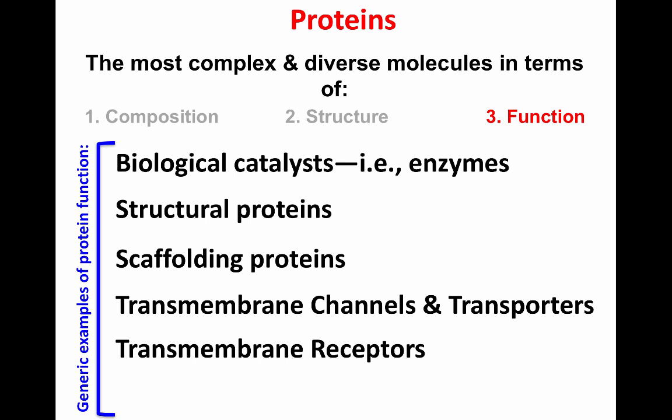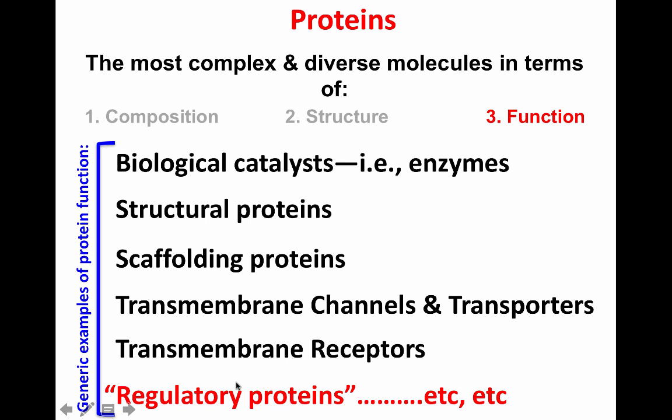All right, so then we have transmembrane receptors, and to be honest with you, we could probably spend an hour going through other specific examples of functions that proteins play. But I think this should suffice to start giving you a sense of the types of things that proteins do, a lot of which we're going to talk about as we move on through the course.